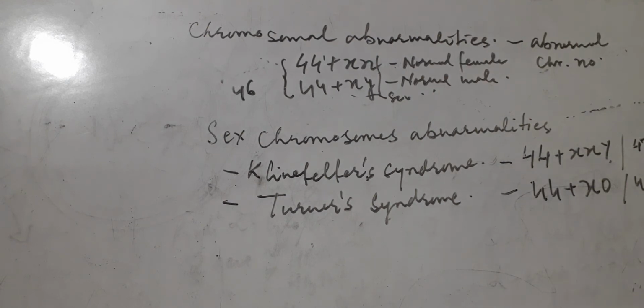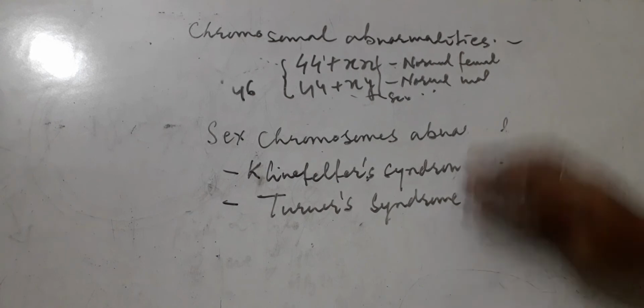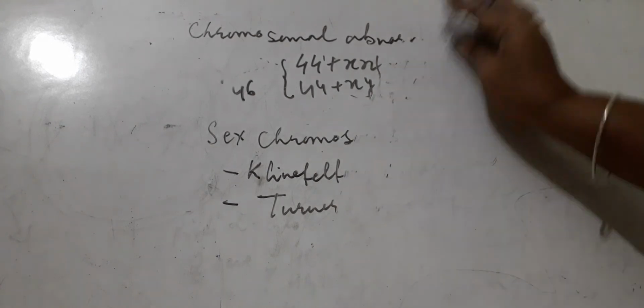Now we will start new topic of this chapter, that is the mutation. Mutation, as you study in junior classes, a sudden change in structure and number of chromosomes is known as mutation.